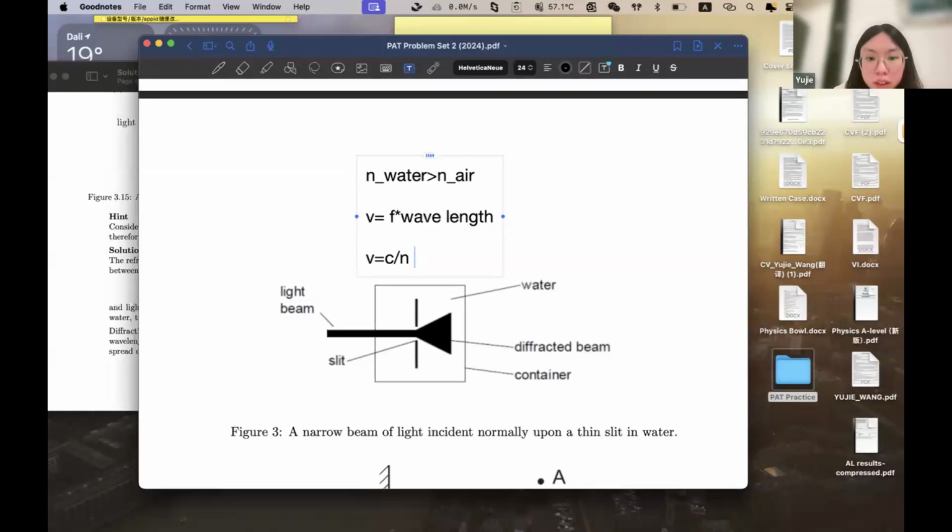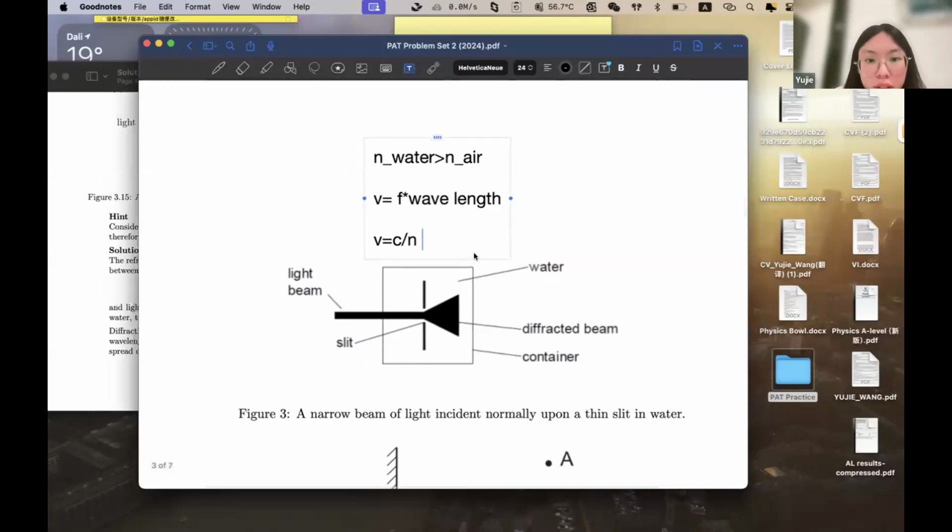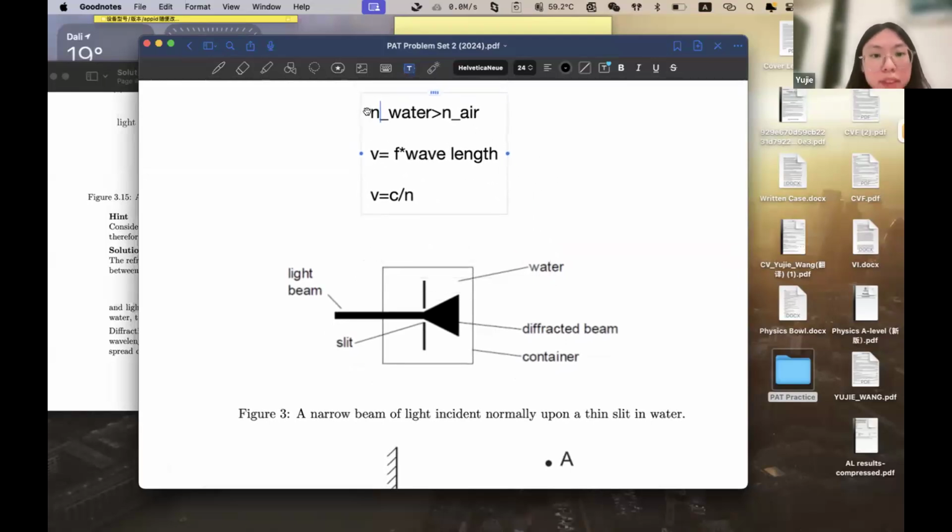Okay, so now we have the 3 most important equations, and let's see how this changes the wavelength of the light in water and air.